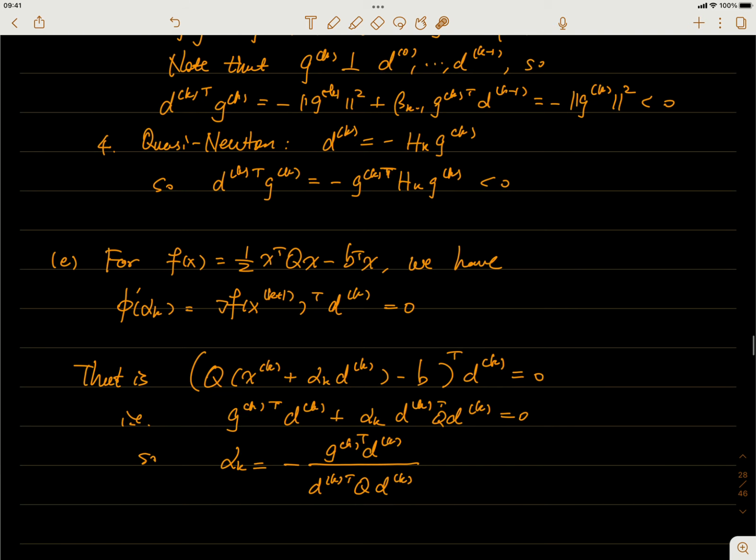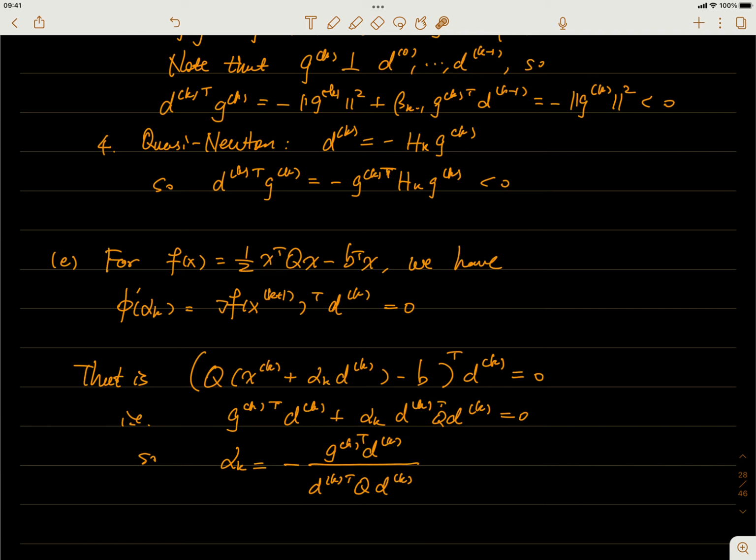All right, but finally, if our objective function f is a quadratic function, then due to the optimality of alpha_k, since alpha_k minimizes the line search function, we know that phi prime at alpha_k must be equal to 0. So that means this equals 0.